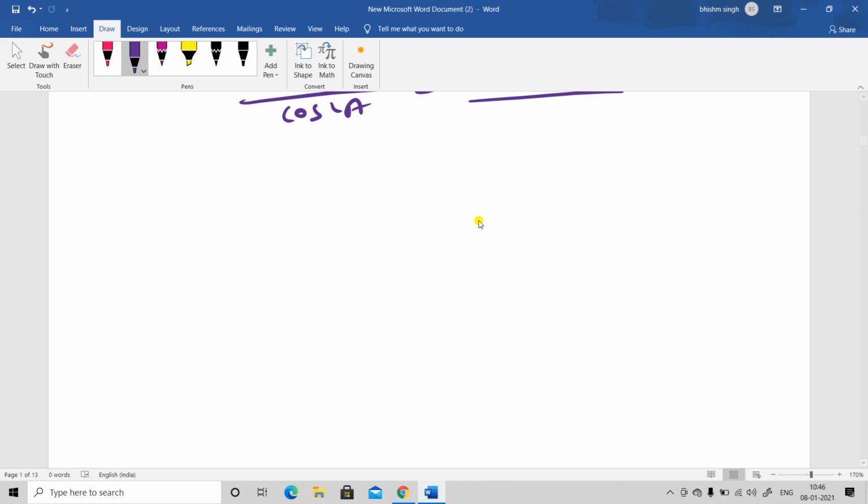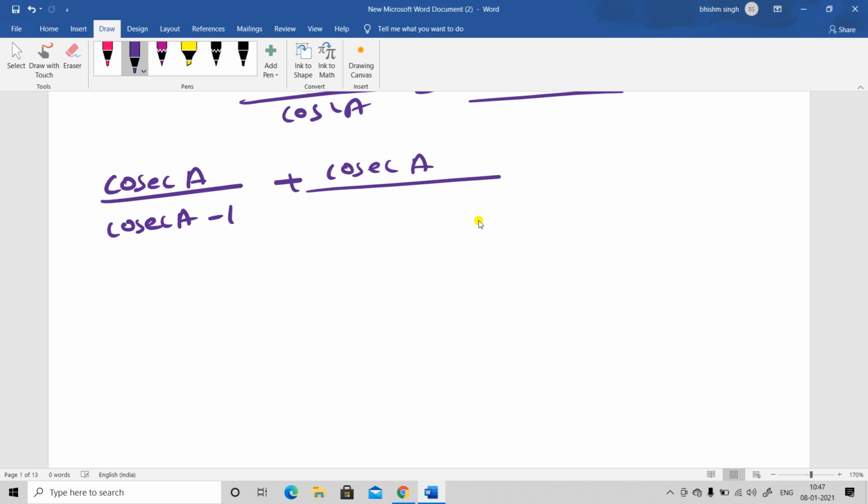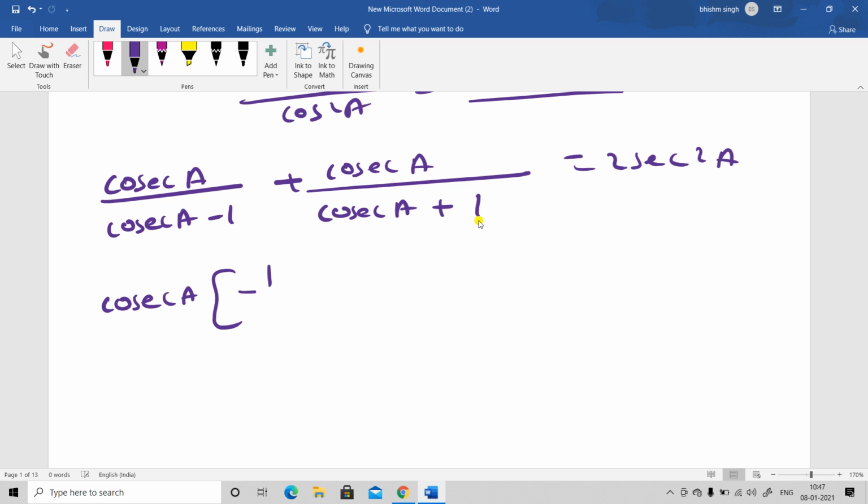Now next you come, all of you, next question. Cosec A by cosec A minus 1 and cosec A divided by cosec A plus 1, that is 2 sec square A. Okay, so again what we will do in this case, I will simply take cosec A outside here. What is left here, 1 divided by cosec A minus 1 and 1 divided by cosec A plus 1.